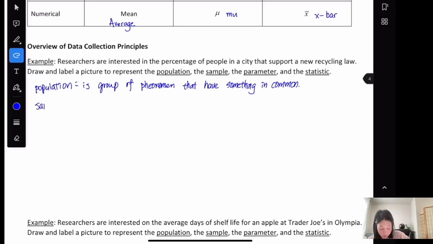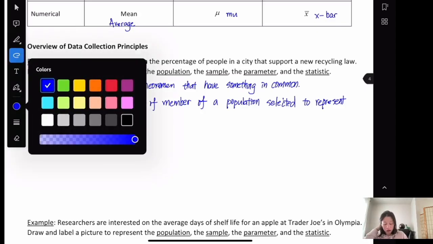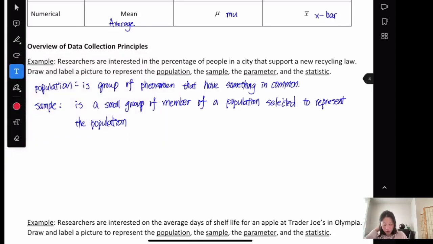A sample is a small group or a subset of members of a population selected to represent the population. And we talked about that earlier.